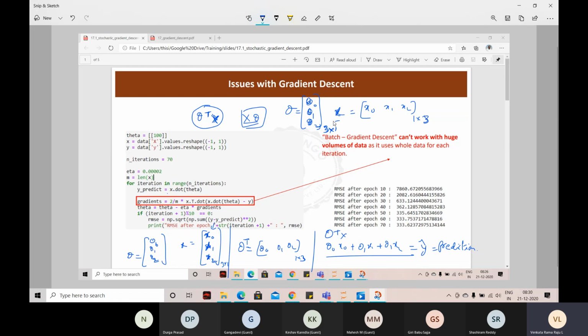If I have to multiply these two matrices, what should I do? X into theta. 1 by 3 into 3 by 1 will give you 1, which is nothing but the predicted value. If I multiply that, I get x0 theta 0 plus x1 theta 1 plus x2 theta 2. This is also a linear combination, this is also linear, this is also prediction. So that's what I did.